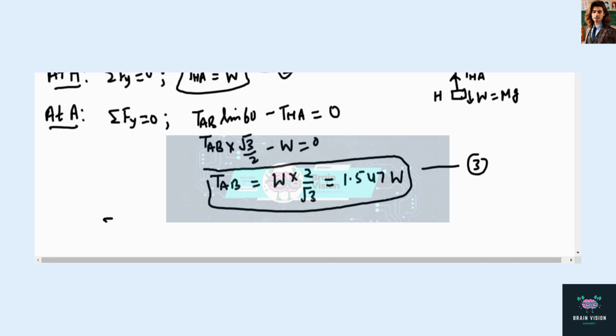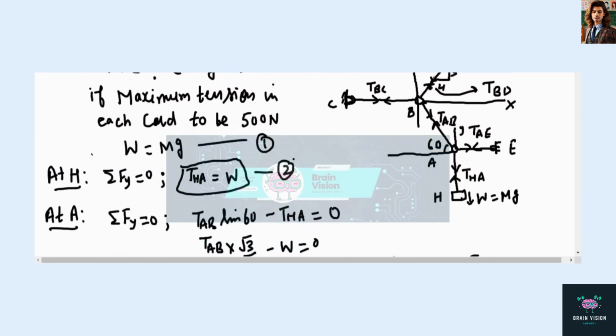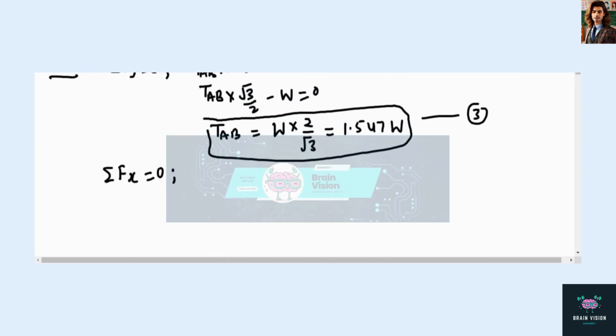Now apply summation of all forces at a point along x-axis must be 0. So resolve these forces along x-axis. This will be TAB cos of 60 along negative x-axis, and this is along positive x-axis. No other force will be along x-axis. So here we may write TAE minus TAB cos of 60 must be 0.